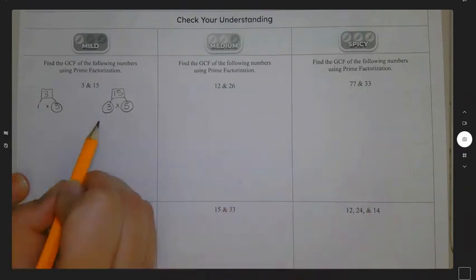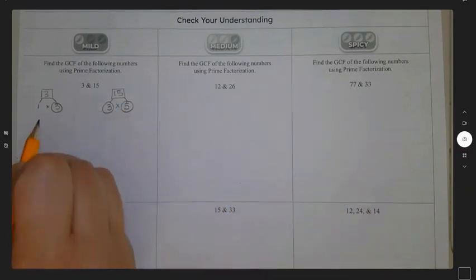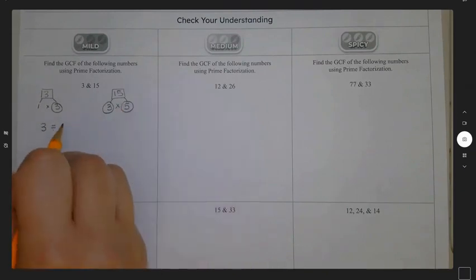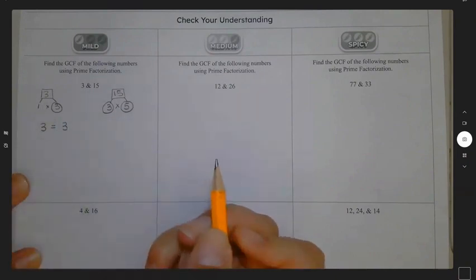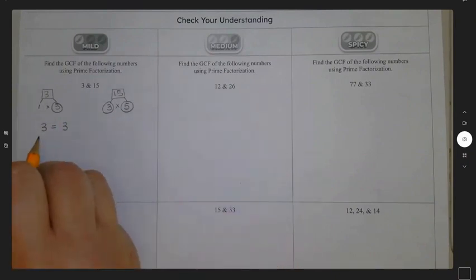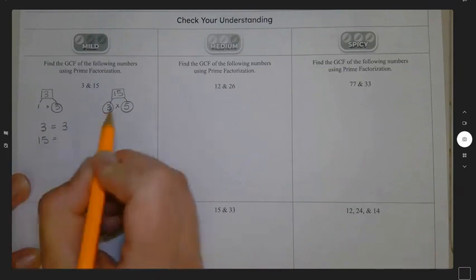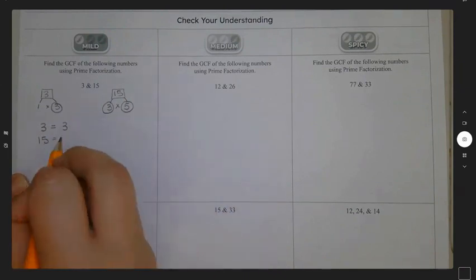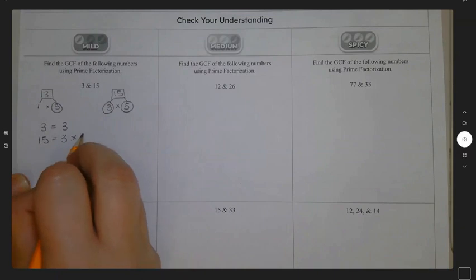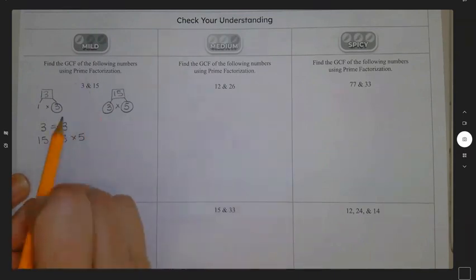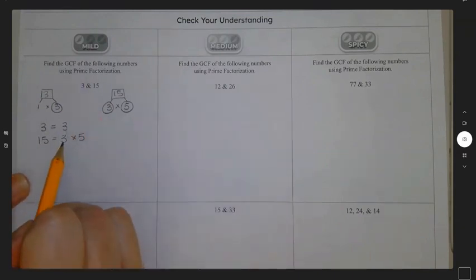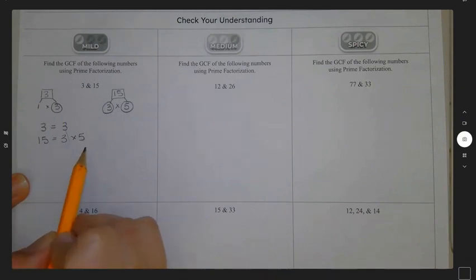So now, after I have found my prime factorization, I'm going to list out my multiplication sentence, which really is just 3 equals 3, and then 15, I would take both of my prime factors, 3 times 5. I like to list them with the smallest numbers first and then move to the bigger.